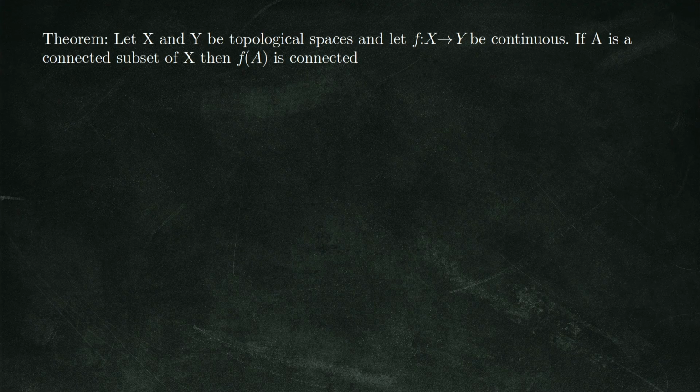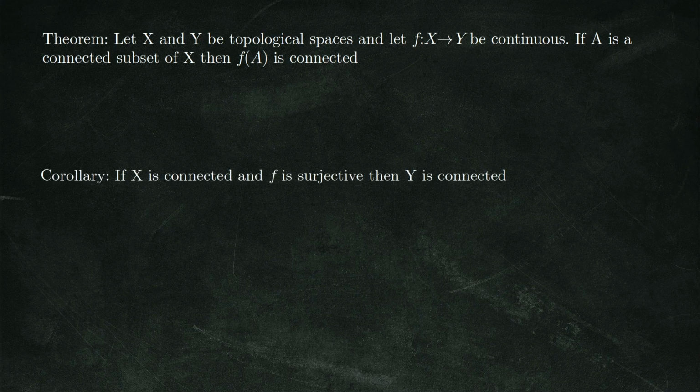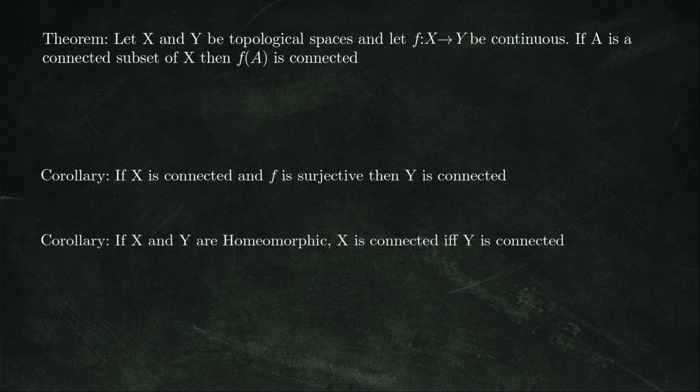Okay, now you've read through the proof, we've got a couple of corollaries. Firstly, this means that if X is connected and F is surjective, then Y is connected. And similarly, if X and Y are homeomorphic, then X is connected if and only if Y is connected.